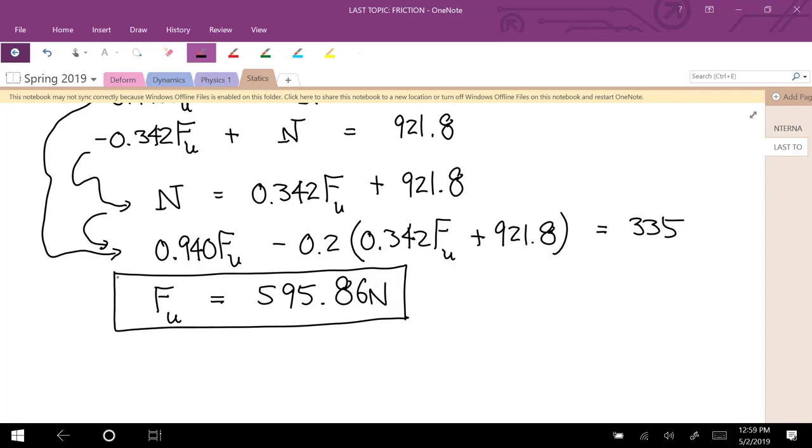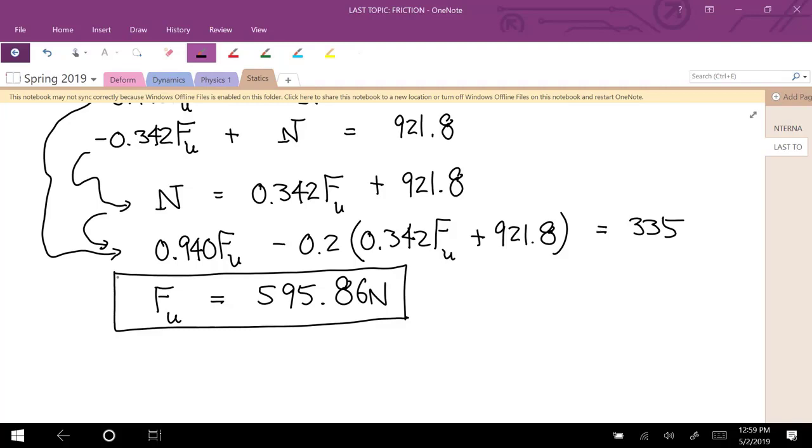Now, based on that, can you make any statements about what we're going to see for the force FD to get it moving down the ramp? It's probably going to be in the same ballpark.